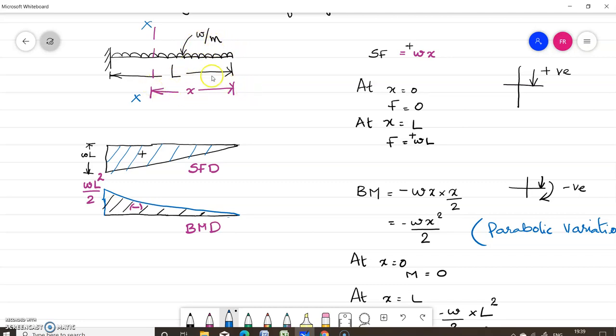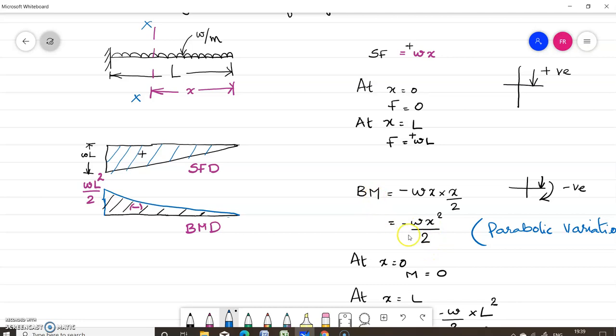For X distance, the load will be W into X, acting at the center of this X meter span, that is at X by 2 from the right support. So the moment about this section line is W into X by 2. This is a clockwise moment, so it is negative. We can write it as minus W into X square by 2.